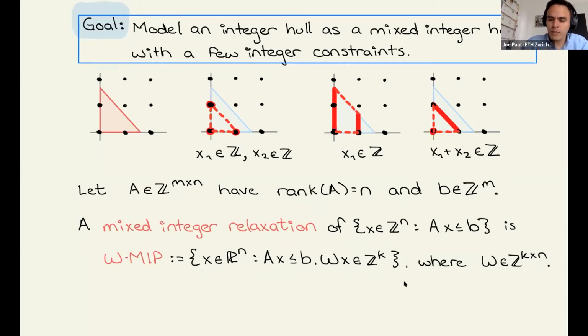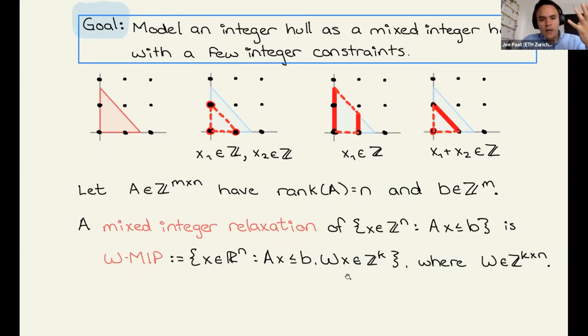Okay, so this W, typically it's the identity matrix or some part of the identity matrix, but as we saw in this fourth example, we don't need this to be the case. We can be a bit more creative with how we introduce integrality here.